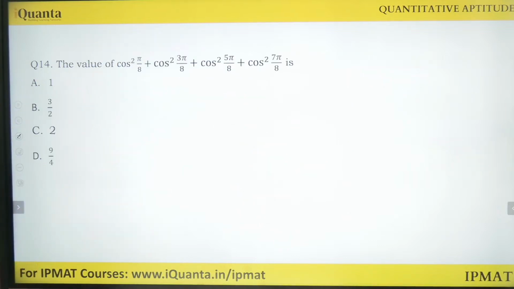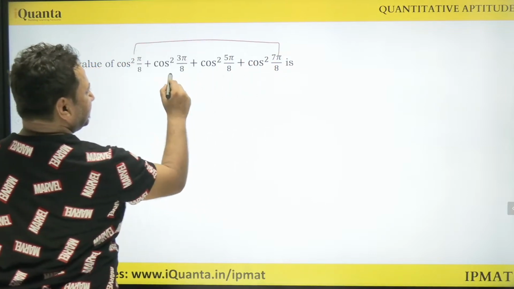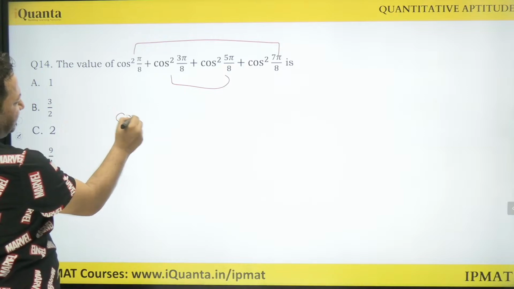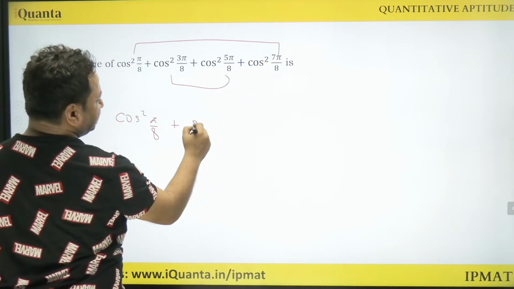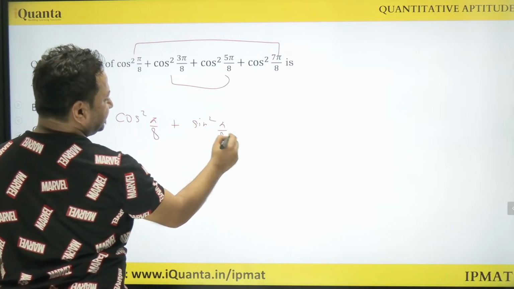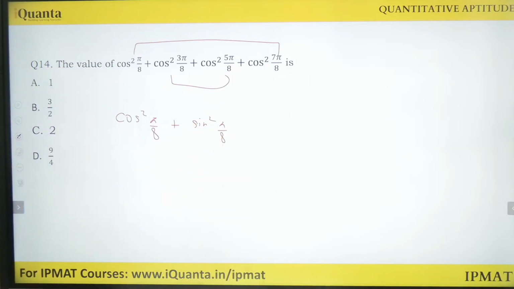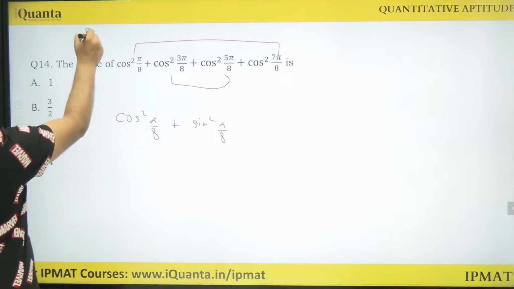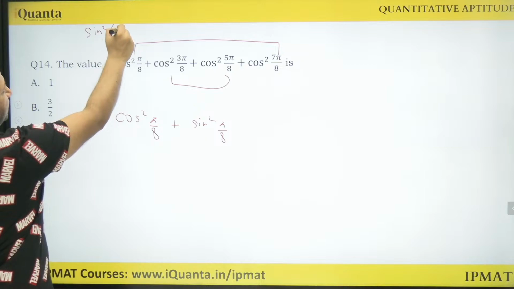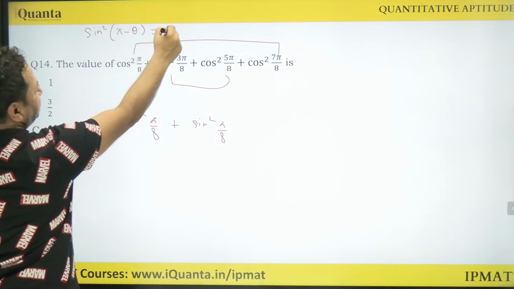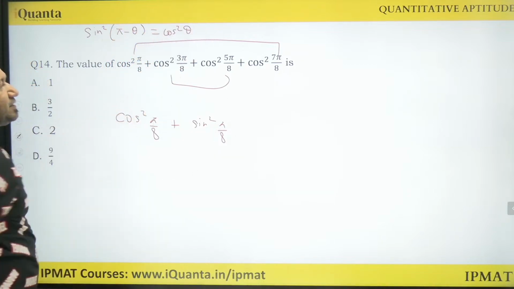Cool. Next one. Cos square pi by 8. This is easy, right? I can make it a group and write this as sin square pi by 8. Is that possible? That is possible. Why? Because sine square of pi minus theta will be equal to cos square theta and vice versa.